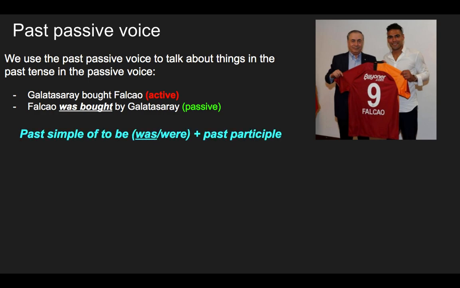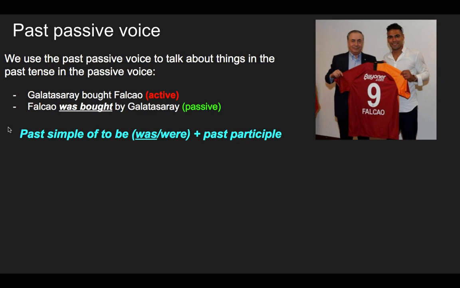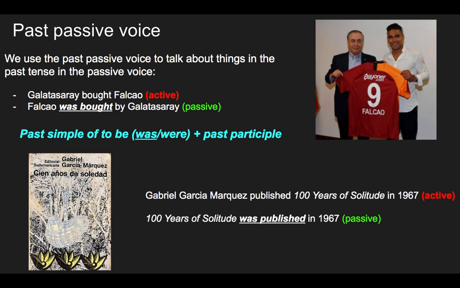Past simple of to be. So instead of is or are, it's was or were. In this case it's was because it's Falcao, singular. And past participle. Bought is the past participle of to buy. Another example.